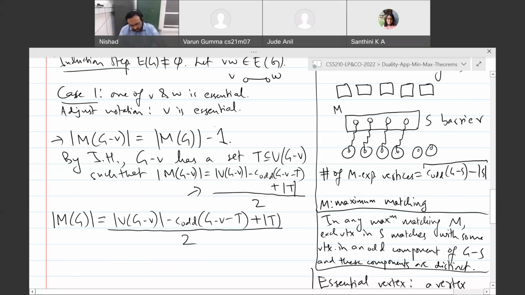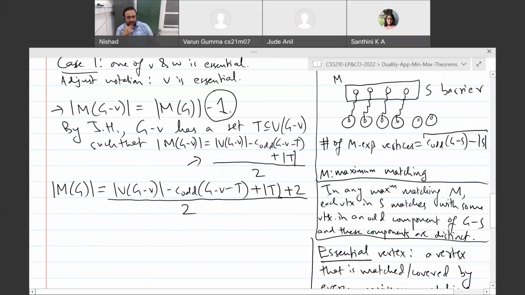It's this plus 1. I'm taking it to the other side. And so that's as good as adding plus 2 because I have a divided by 2, right? Are there any questions or concerns at this point? We have just done some basic manipulations, right?